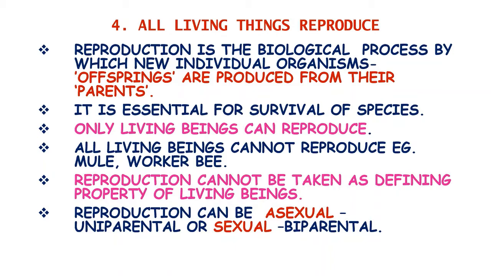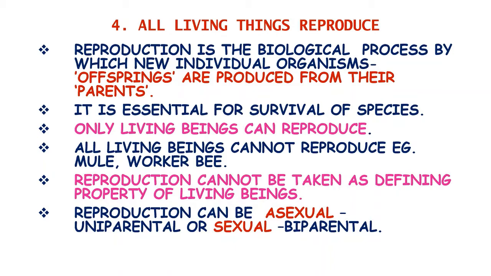But on the other hand, not all living beings can reproduce. Say, for example, the mule, which is a cross of donkey and horse, is sterile, it cannot reproduce.